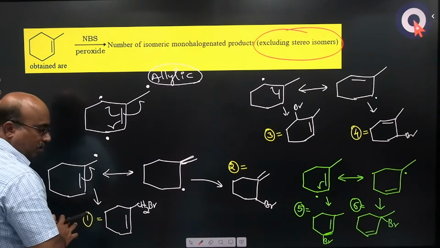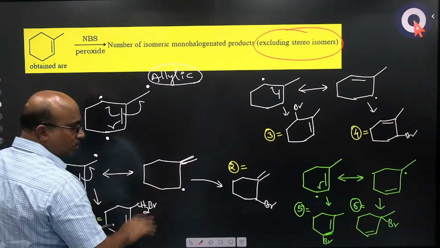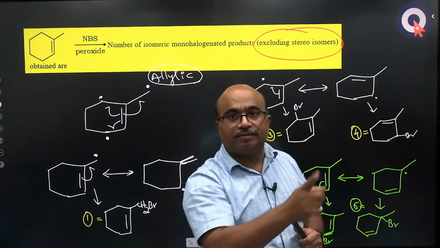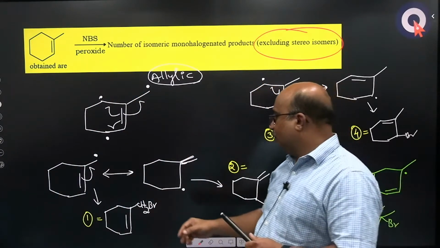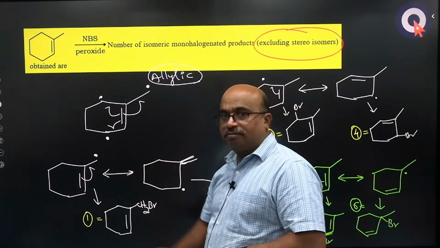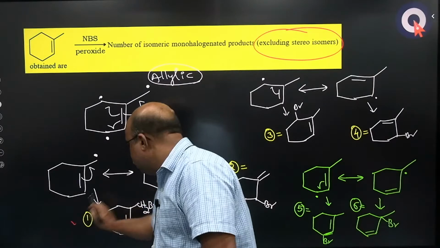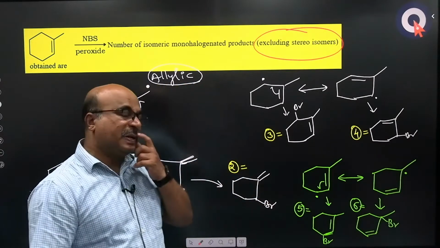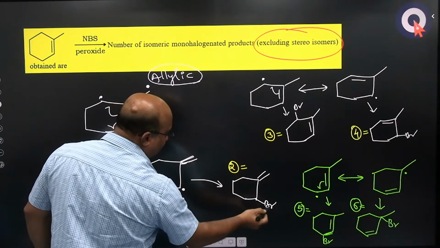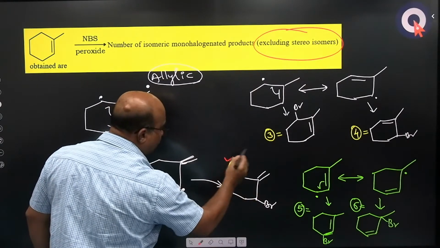First let us see this, then we will come to the stereo part. Among these compounds, are any of them the same or different? The first one, Br is outside the ring, this is a different one. Then the double bond is outside and Br is in the ring, this is also different, separate.